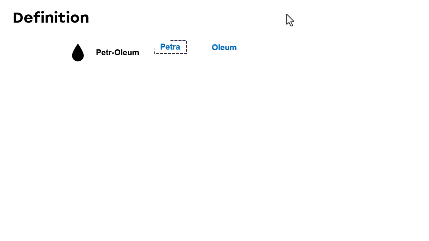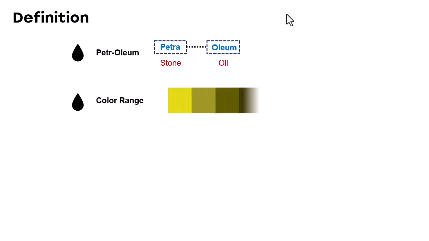The word petroleum is a Latin word composed of two words, petra and oleum, which means oil stone. Its color ranges from yellow to black, depending on the petroleum characteristics.